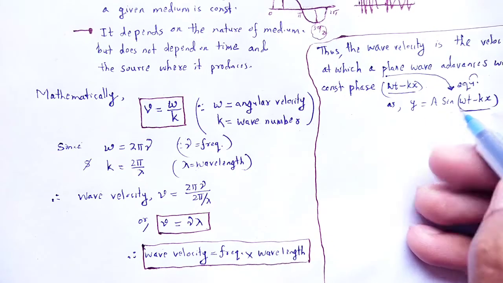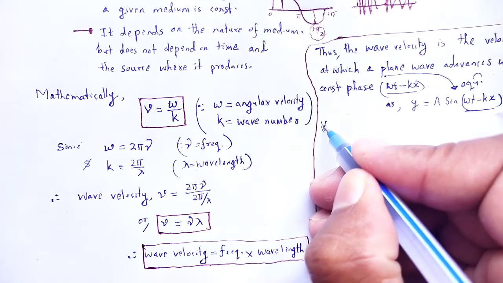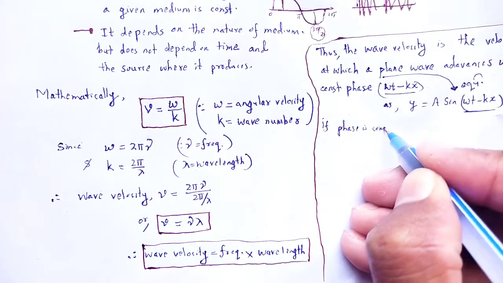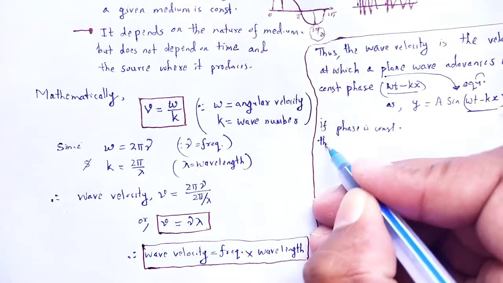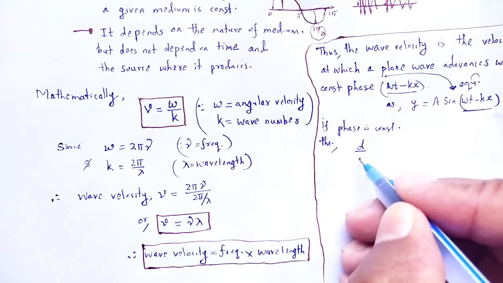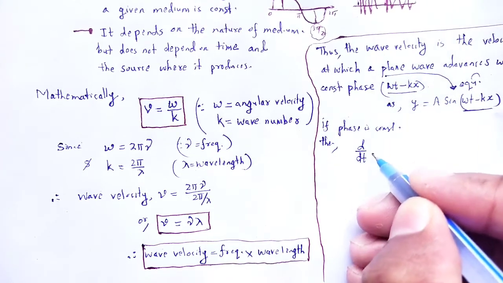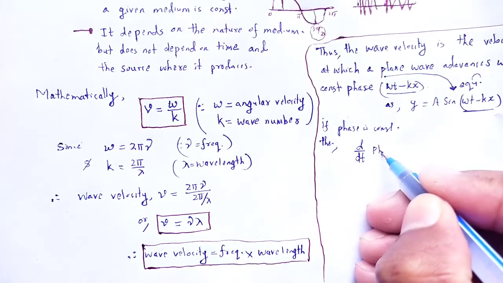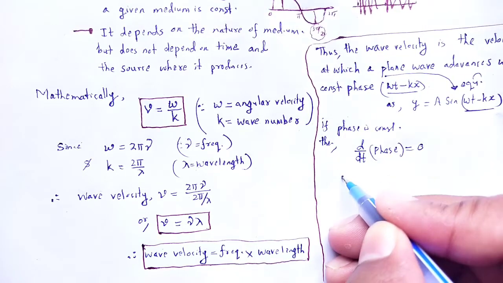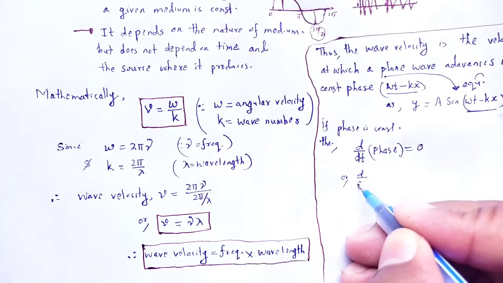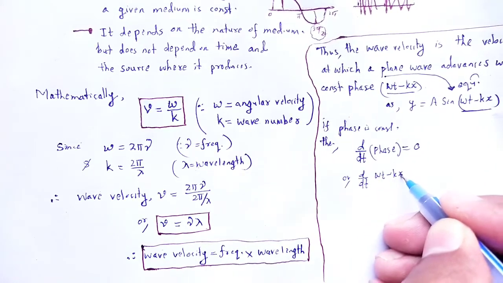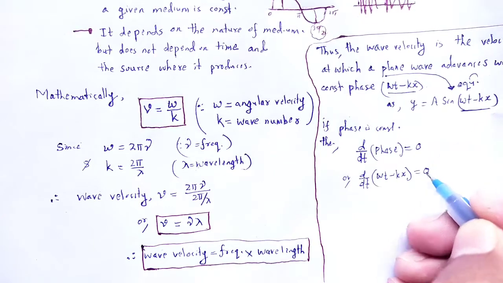If the phase is constant, then what happens? The differentiation of that phase with respect to time will be 0, or d by dt of the phase omega t minus kx is equal to 0.